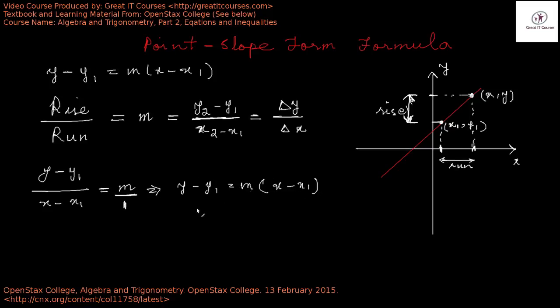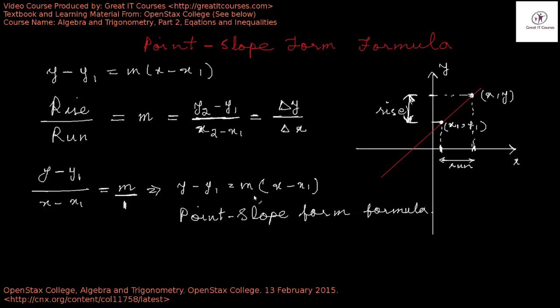That is called the point slope form formula, and that's nothing but the simple relationship there is between any 2 points on any line.